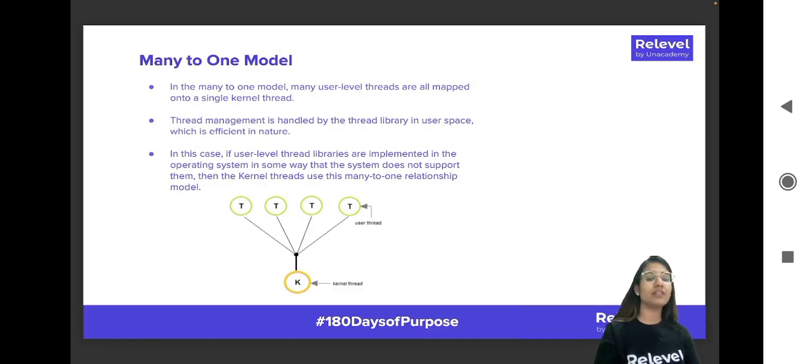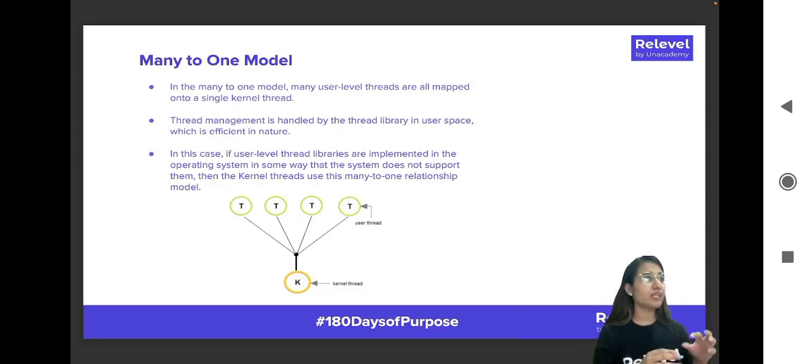If the user level thread libraries are implemented in an operating system in such a way that the system does not support them, then kernel threads use this many-to-one relationship model. Here we are mapping the user level threads to the kernel level threads.